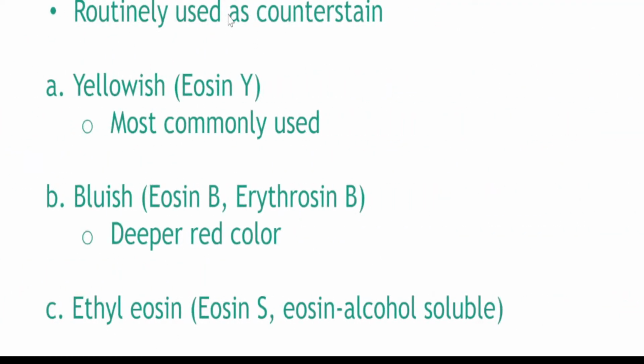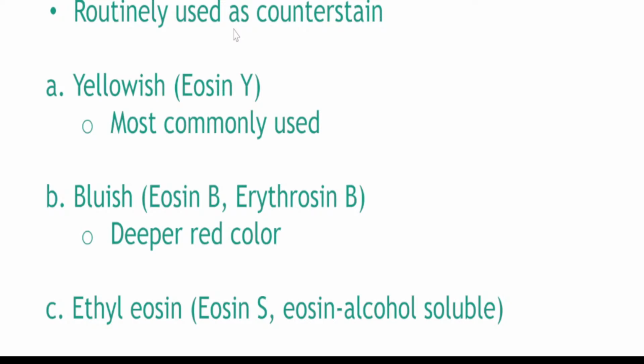Okay, now we have eosin. You remember that there's eosin Y, eosin B, and eosin S. This will help you in understanding those. Eosin Y is yellowish in color and is most commonly used in histopathology.